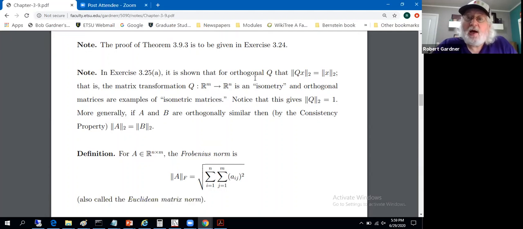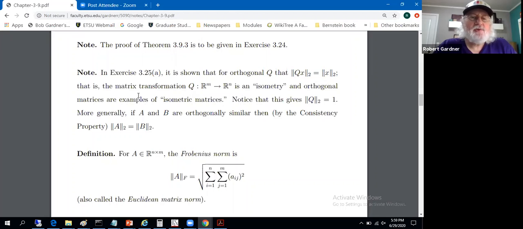They're still called orthogonal matrices, but their columns are more than orthogonal. They're orthonormal. That's common terminology. The claim is, for an orthogonal matrix Q, the L2 norm of Q times vector X is the same as the L2 norm of X. So multiplying this vector X by an orthogonal matrix doesn't change L2 norms.